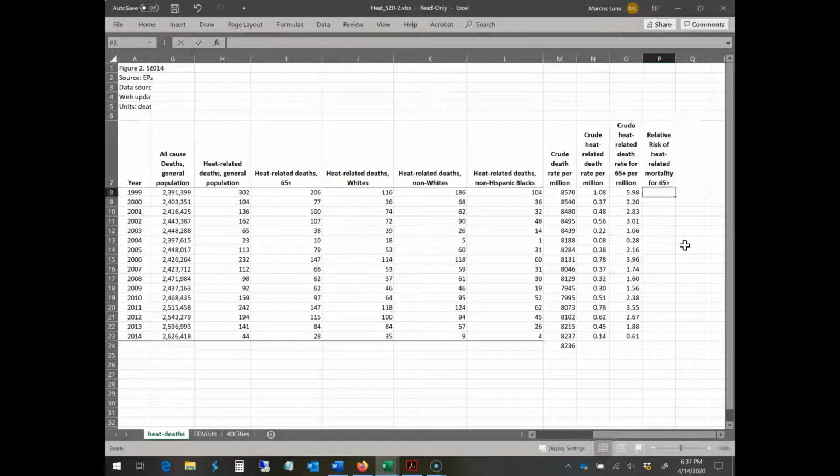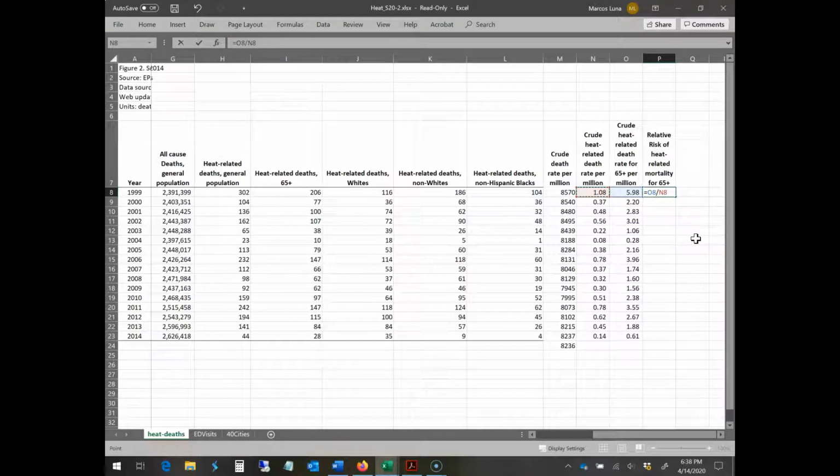So what does that mean? Well, it's actually really simple. In this case, you're dividing one number by the other. So if we want to compare people 65 and over to the general population, we take their death rate from heat and we divide it by the death rate from heat for the general population. And that's it. You just divide one number by the other.